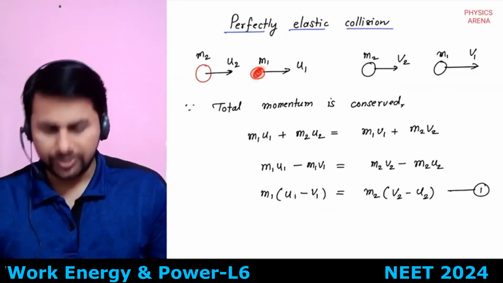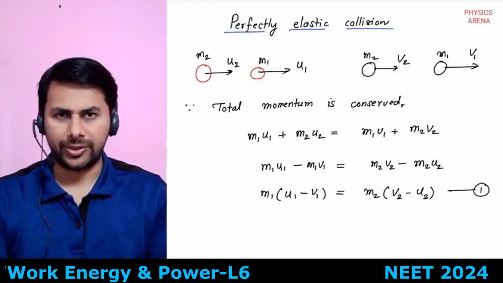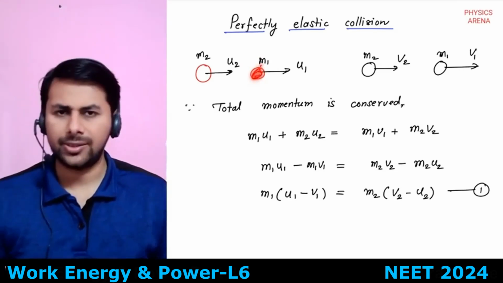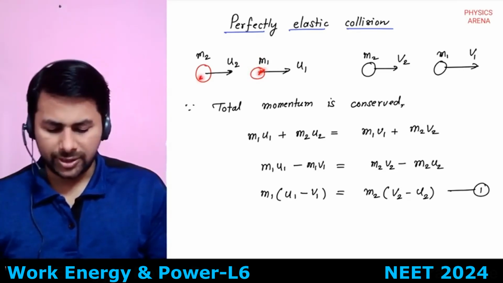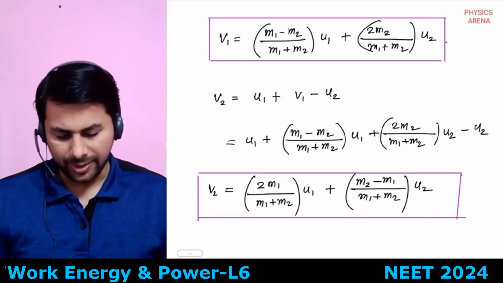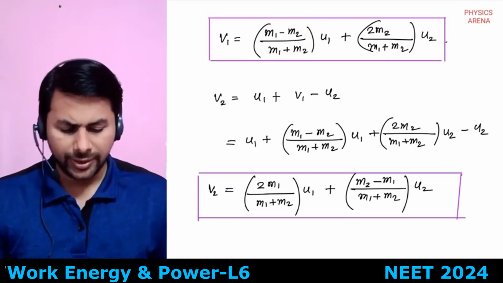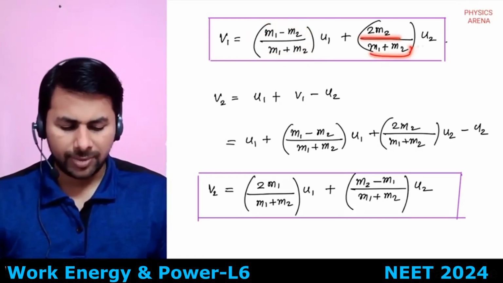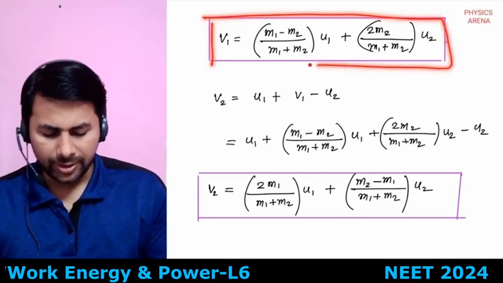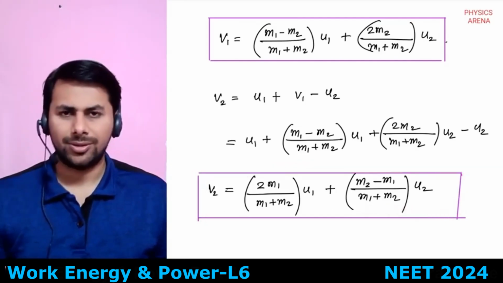The body which is ahead is the first body, and the body which is following is the second body. So the formula is (m1 minus m2) divided by (m1 plus m2) multiplied by u1, plus 2m2 upon (m1 plus m2) multiplied by u2. You have to remember this one, and the other will just follow.